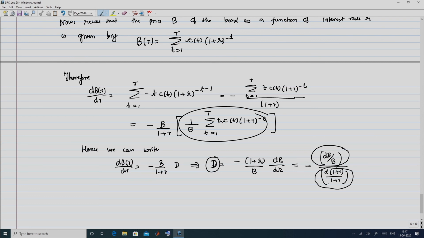So, since this gives us the proportional change in the bond price relative to the proportional change in the interest rate, it gives us the sensitivity.